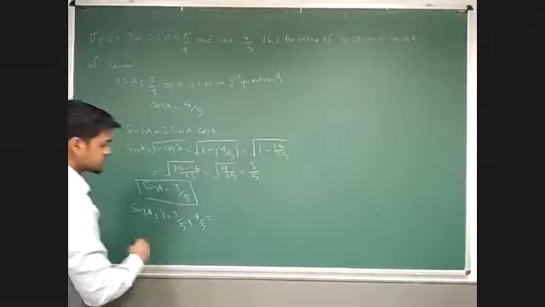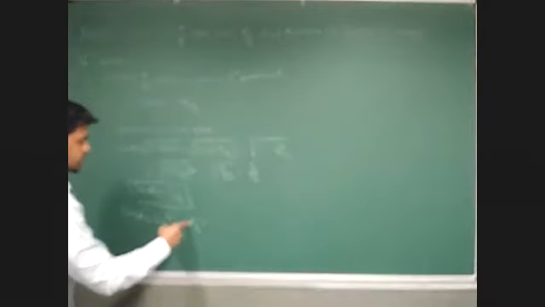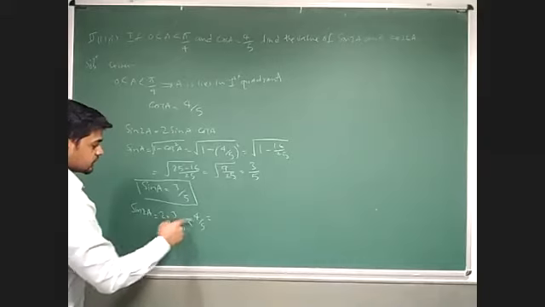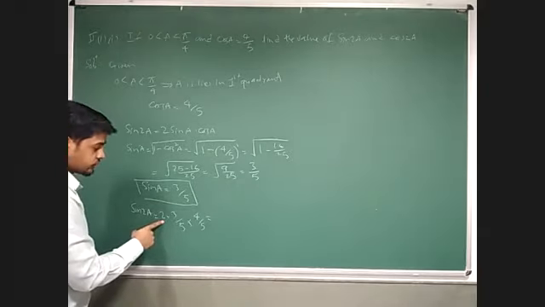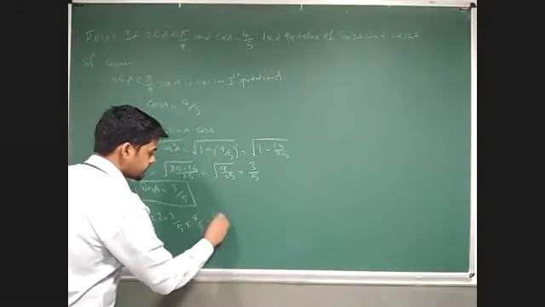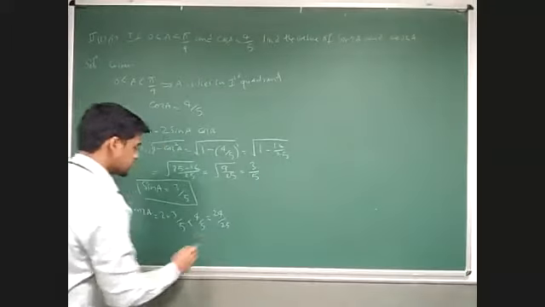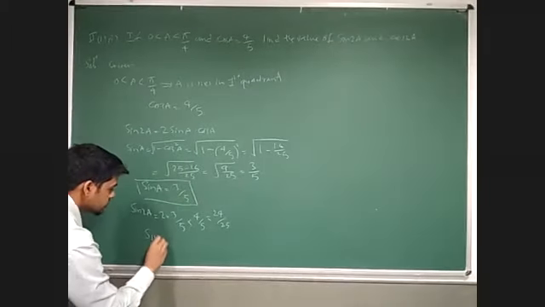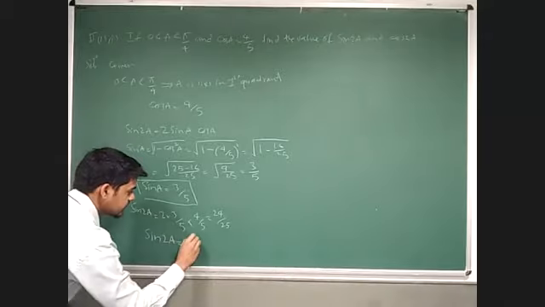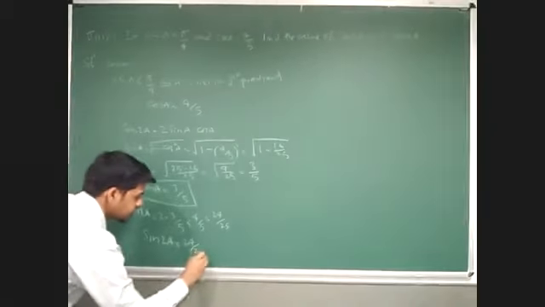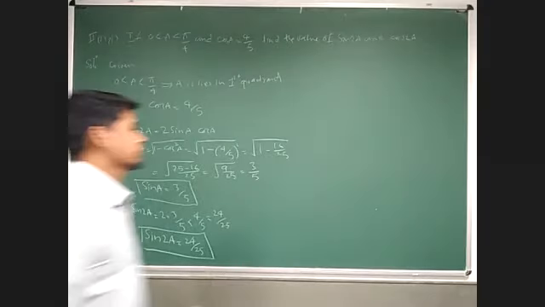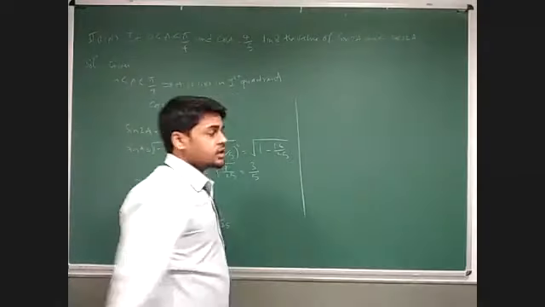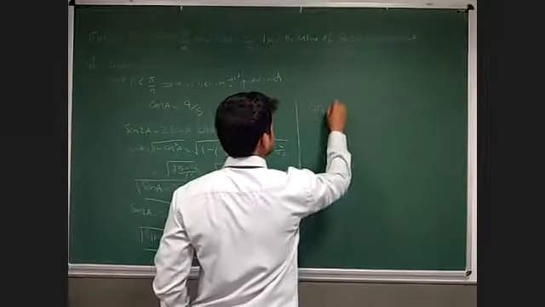Now just multiply: 4 threes are 12, 12 twos are 24. So 24 by 25. Sine 2a is nothing but 24 by 25. This is the answer.